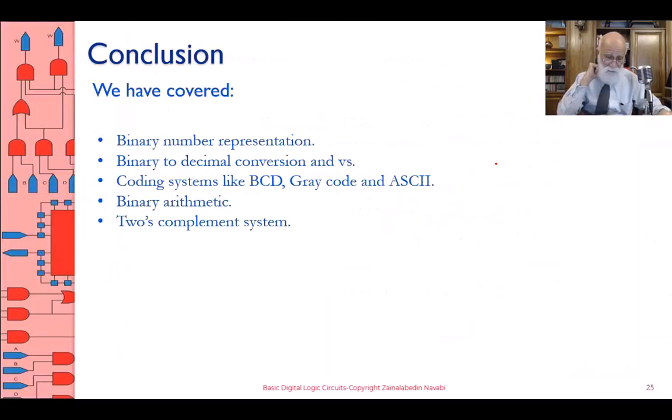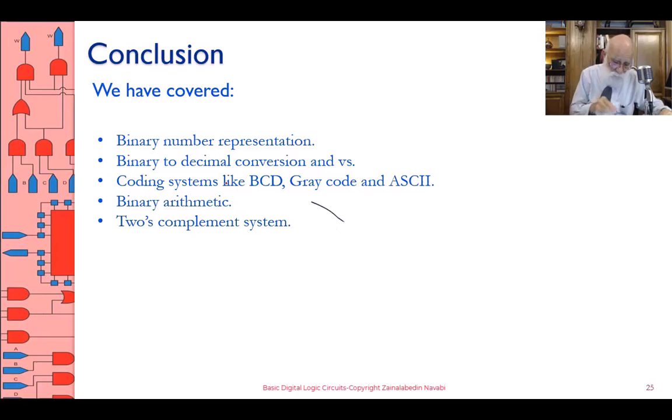All right. What we have covered: binary number representations, binary to decimal, decimal to binary, and then we have done coding systems, BCD, gray code, and a few other coding systems.